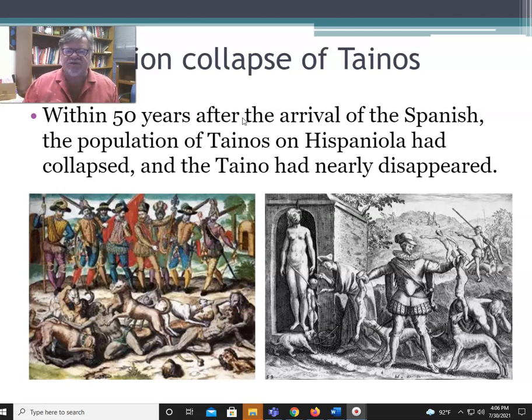This was through overwork, through butchery and abuse by the Spanish, but also diseases. And so the entire Taino population just completely collapsed under the weight of Spanish exploitation. So that ends our second discussion of the Caribbean.